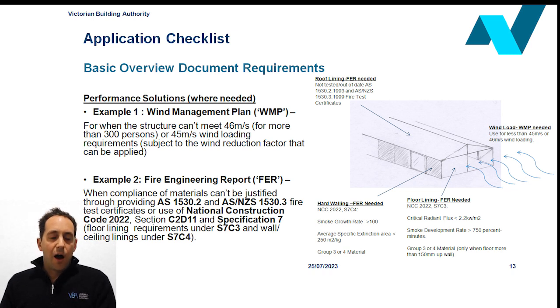This is often for hard walling materials that, if they're determined as a Group 1 or Group 2 material under AS 5637 Part 1, as well as meet the S7C4 requirements, or are simply determined as a non-combustible material, this is where the FER may not be required.